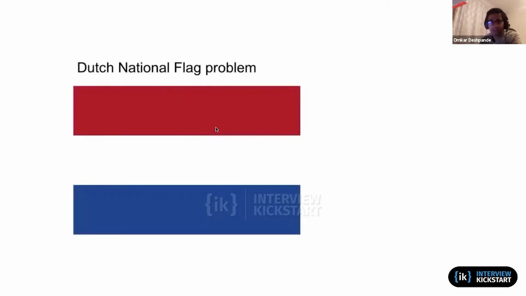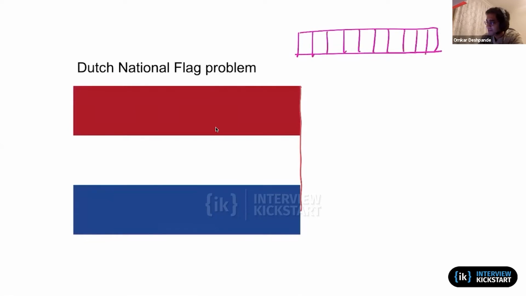So, like the Polish national flag problem, the requirement is the same, except that we have three colors in the flag. What we need to do is take the given array. The given array will have the numbers in a scrambled order. Some of them might be red, the reds might be here, the whites somewhere else, and the blues might be like this.